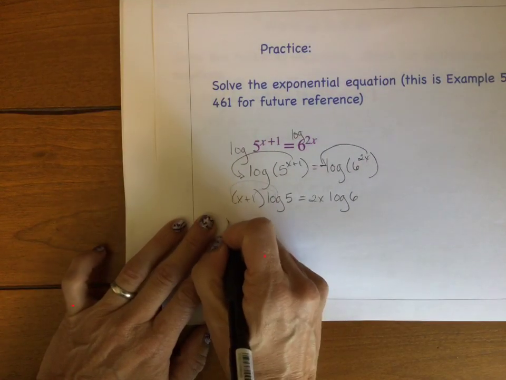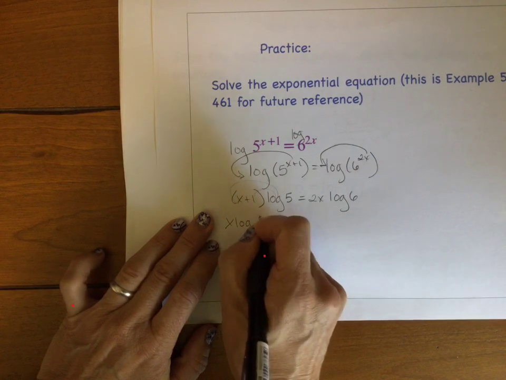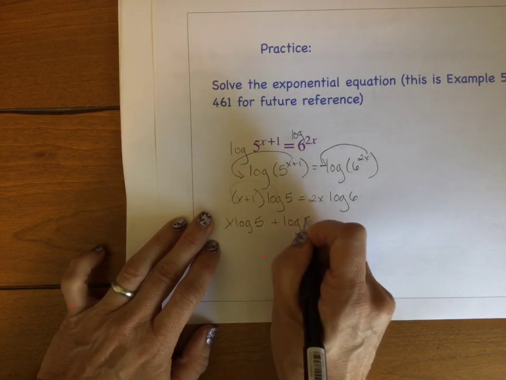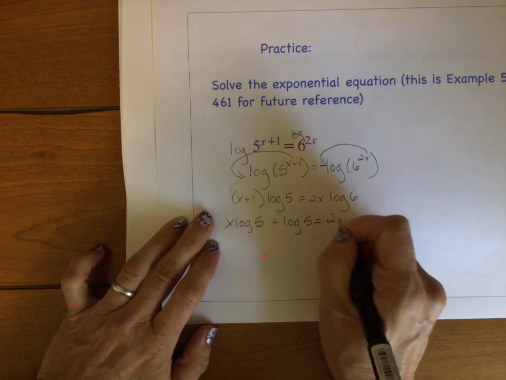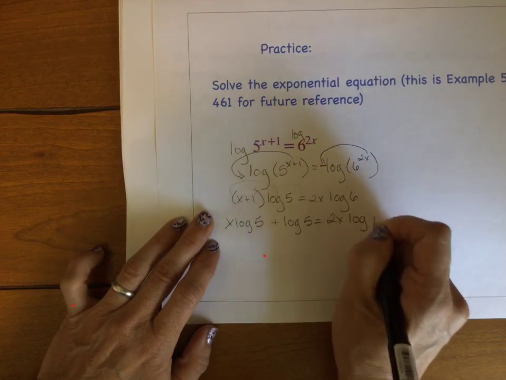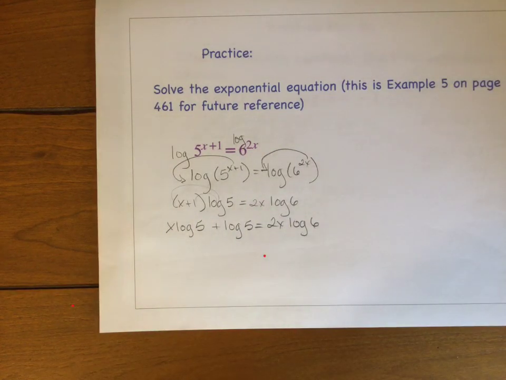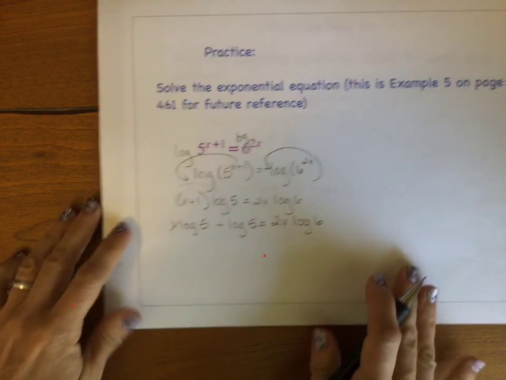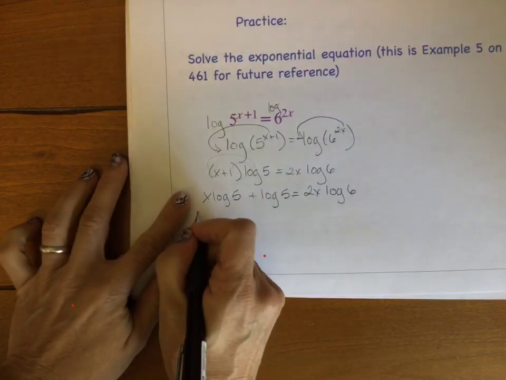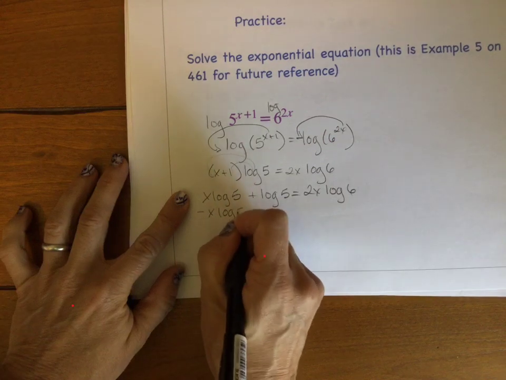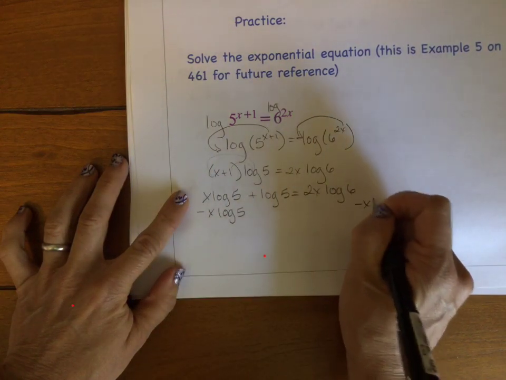So we get x log 5 plus just log 5 equals 2x log 6. And now I want to get everything that has an x in it on the same side. So I'm just going to subtract x log 5 from both sides.